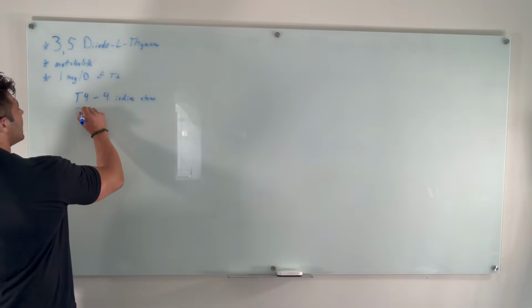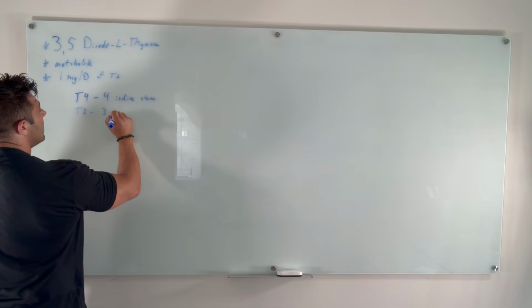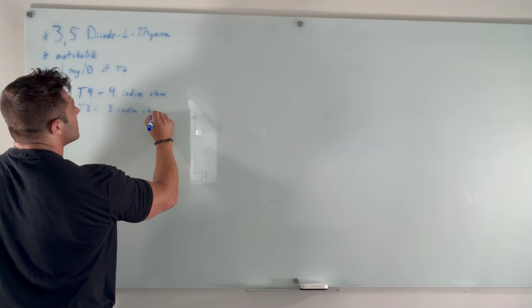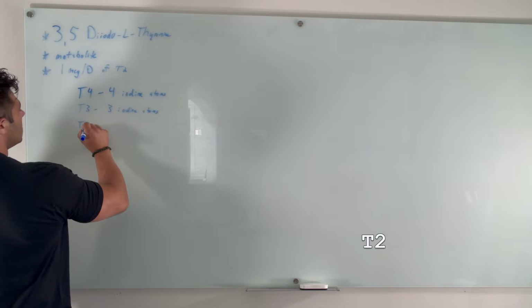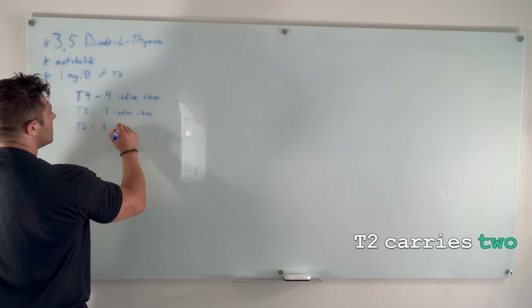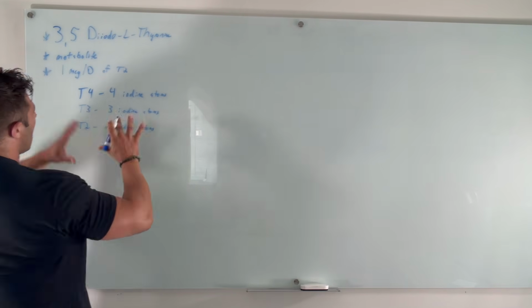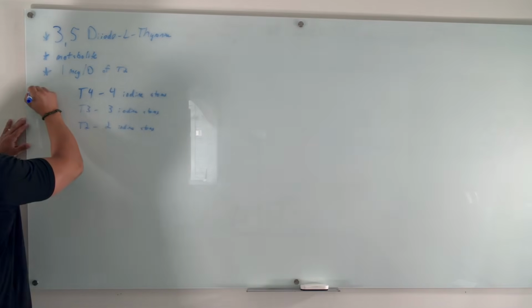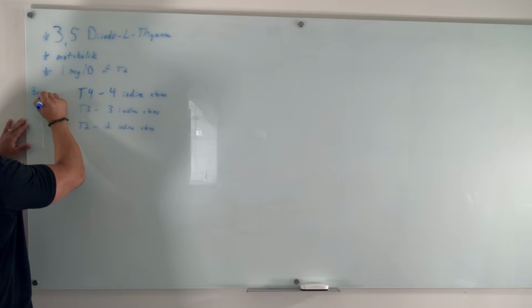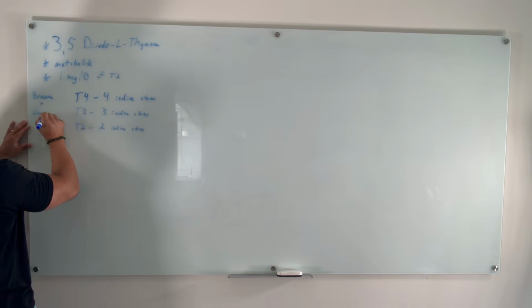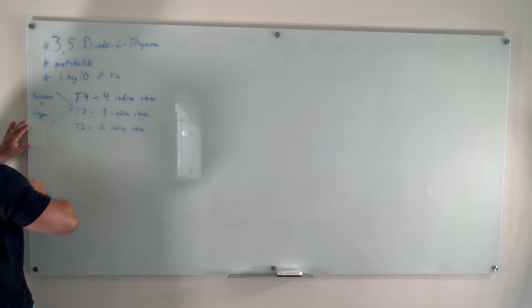So that would mean T3 has to have 3 iodine atoms, and T2 would have to have 2 iodine atoms. And again, all of these have that benzene and oxygen backbone, right?